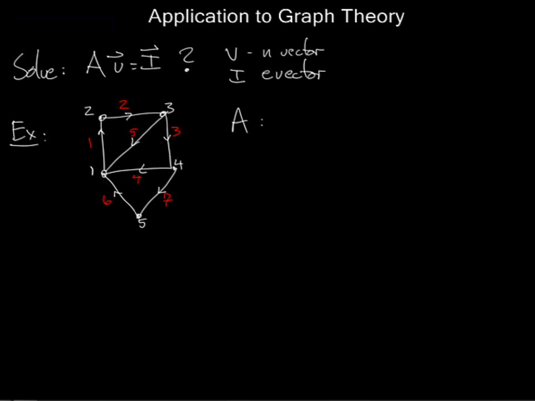Well, let's see. So A is a 7 by 5 matrix. So it's a map from R5 to R7.